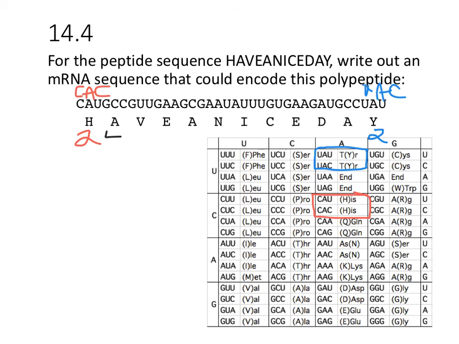Because there are 4 codons that encode alanine, and 4 that encode valine, and 2 that encode glutamic acid, 4, what's N? Asparagine, I think that's 2. Isoleucine, there are 3. Cysteine, there's 2, 2, 2, 4. So how many different RNA sequences can encode that relatively simple short protein?